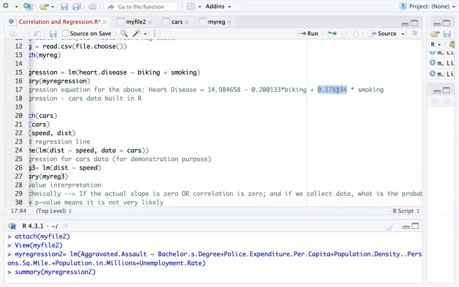Then plus 0.178334, that is the slope of smoking. And here is smoking, which means if a person smokes 5 cigarettes per day, then smoking will be substituted by 5, and that will give you the propensity or the chances of heart disease.